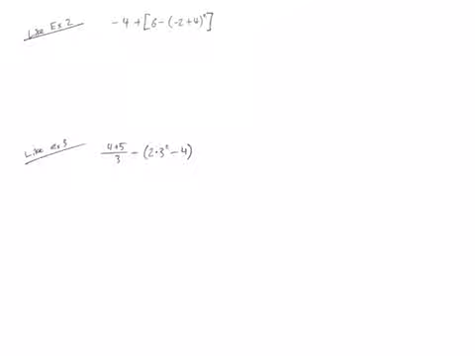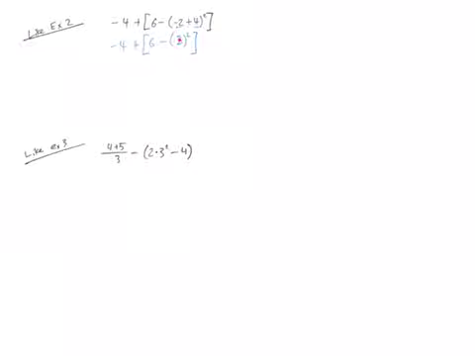Here's another one, example 2. Same idea. We want to start in the innermost set of parentheses, brackets, or braces and work our way outwards. So negative 2 plus 4 is going to be like 4 minus 2, which is 2 squared. Now I want to simplify inside this next set of brackets.